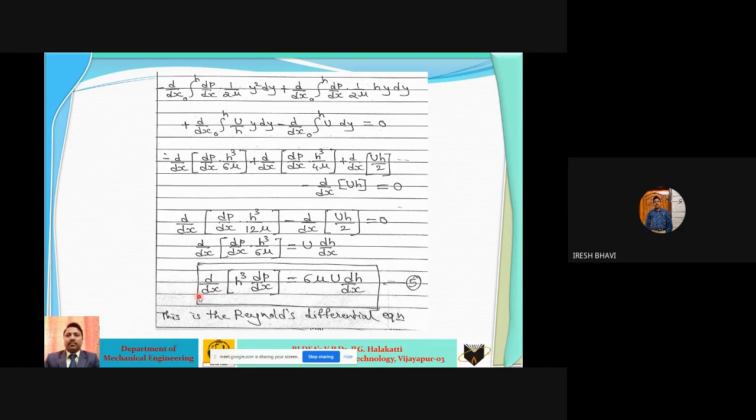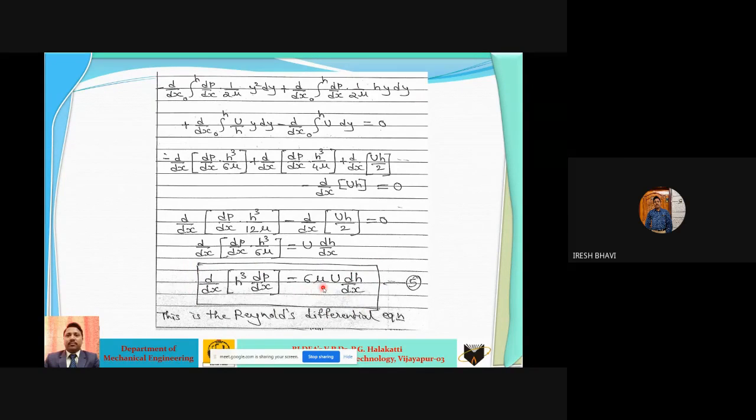Upon further simplification, you will get d by dx of h cube into dp by dx is equal to 6 mu u dh by dx. So this is the final equation for the Reynolds differential equation.